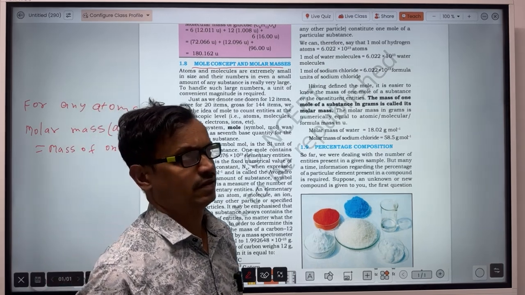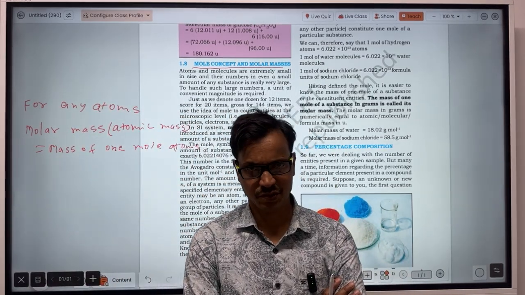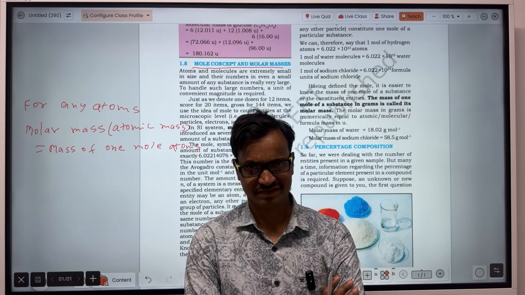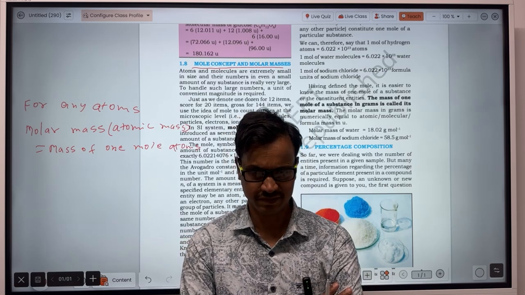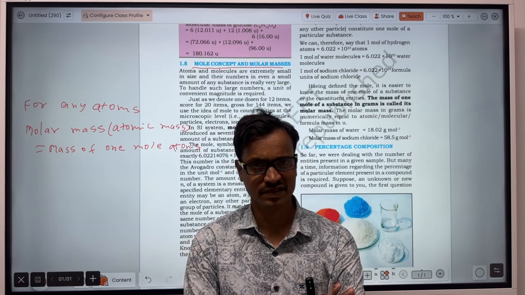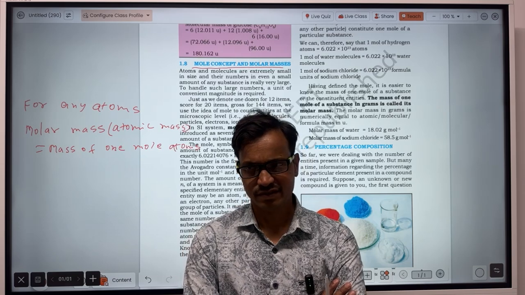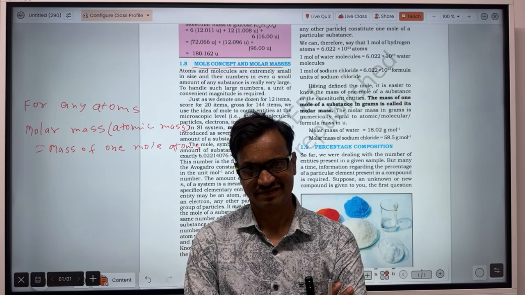As an example, bananas are usually sold in terms of number, that is per dozen. When you ask a shopkeeper the cost, some will tell you rupees 70 or 80 or 60 per dozen.